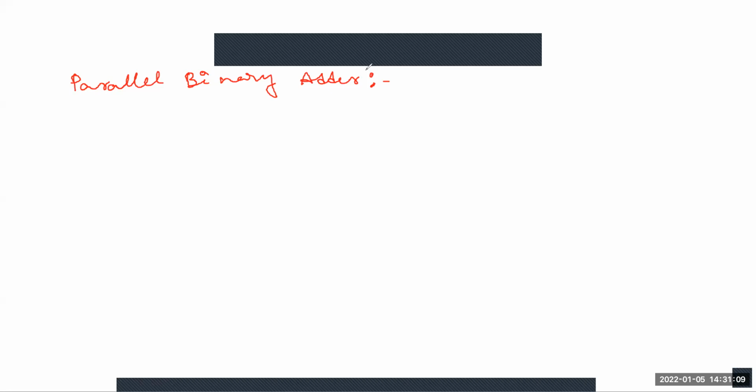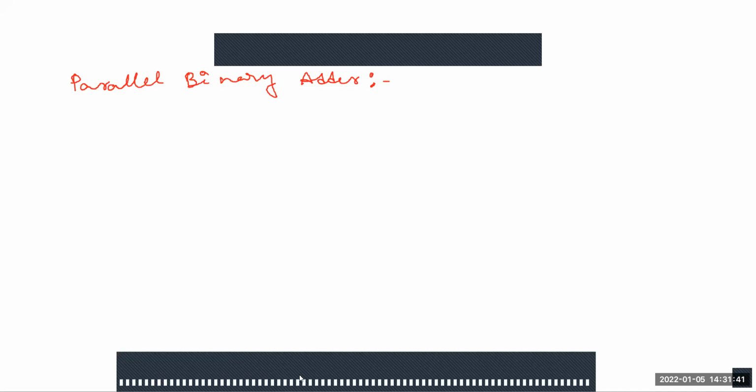Before starting, mainly there are three types of adder: one is serial adder, another is parallel adder, and third one is look ahead carry adder. But in your syllabus, only the parallel adder is there.